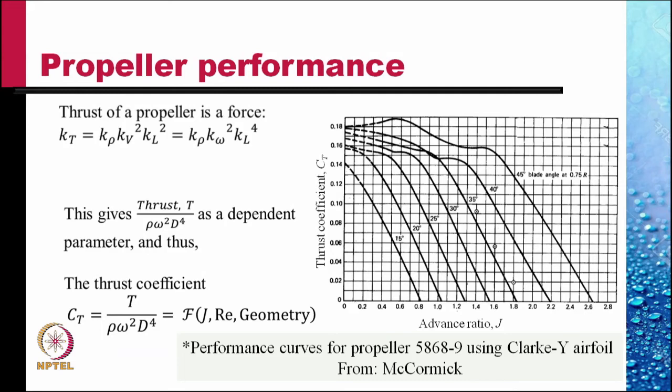The typical performance curves, the thrust coefficient versus advance ratio, look like this for different blade angles, for different pitch that we adjust. These are the propeller curves for a propeller numbered 58689, which uses Clark Y aerofoil.